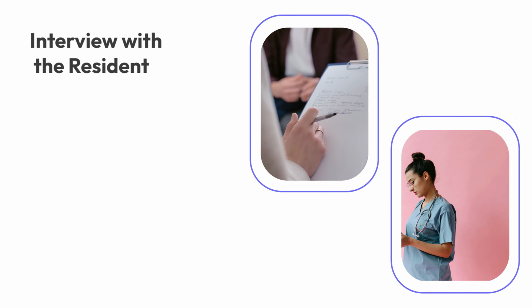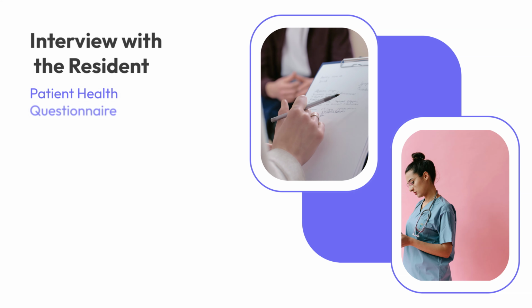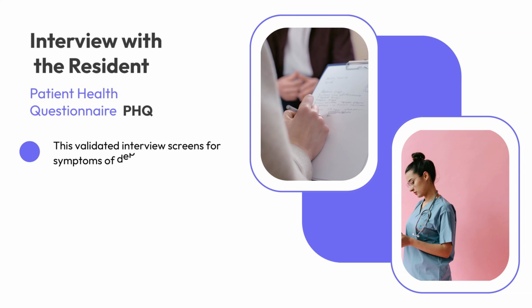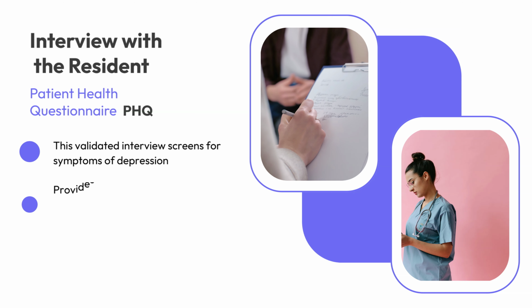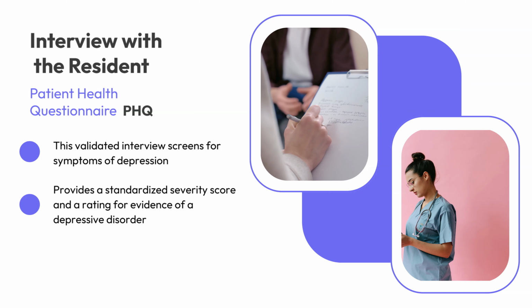If in the preceding question it has been determined that an interview with the resident should be conducted, we will do this by utilizing a popular multi-purpose screening instrument called the Patient Health Questionnaire, or PHQ for short. This validated interview screens for symptoms of depression and provides a standardized severity score and a rating for evidence of a depressive disorder.